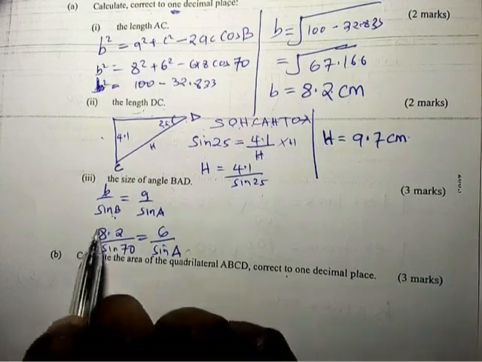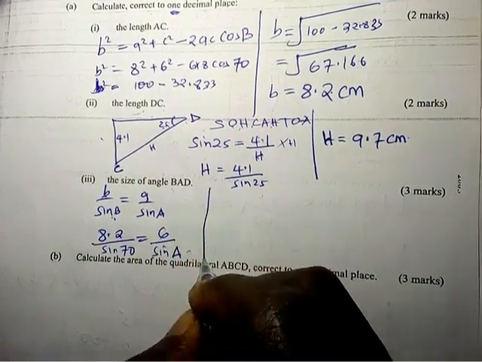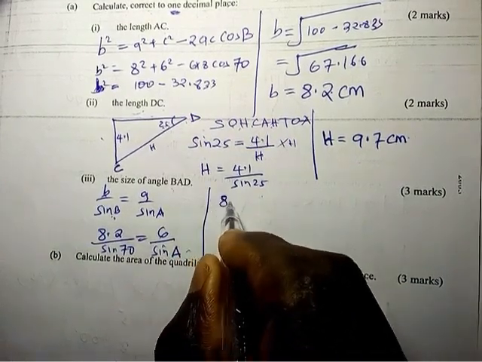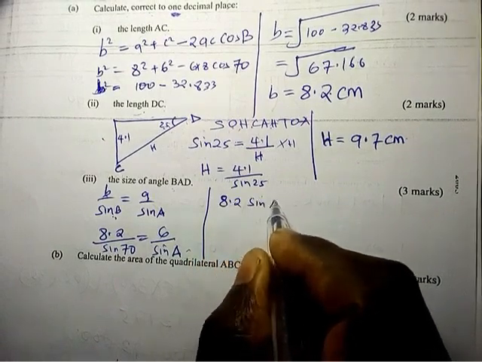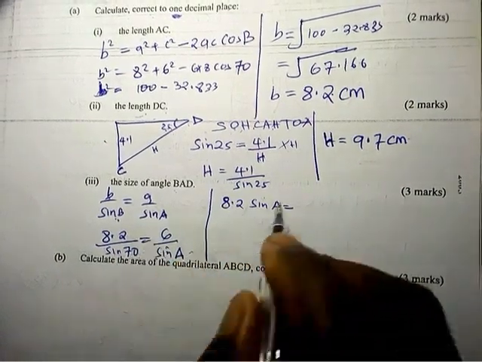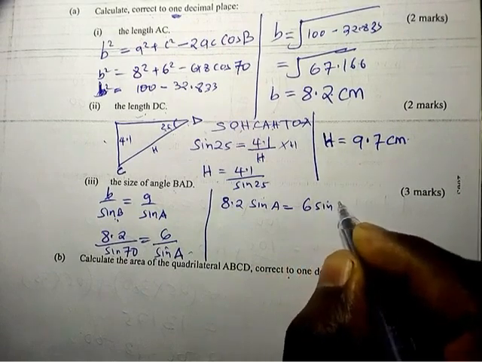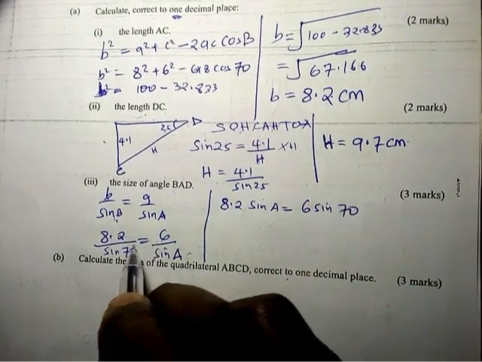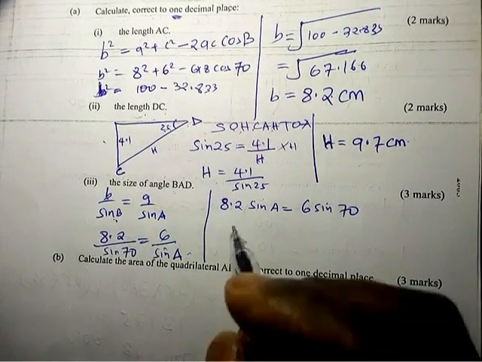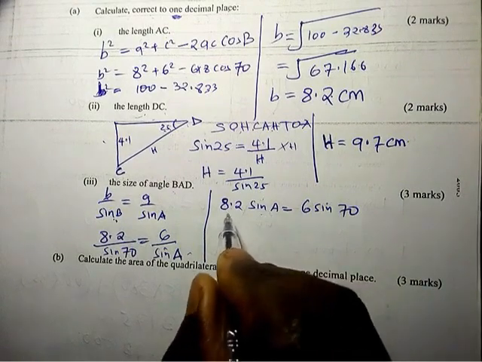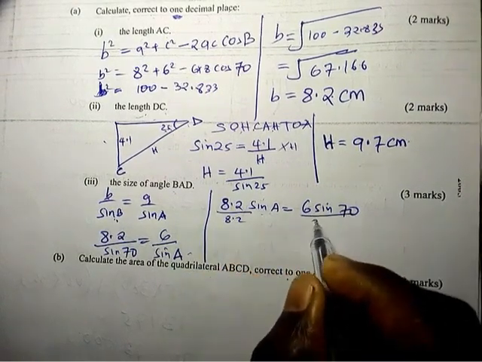You cross multiply. 8.2 sine A is equal to 6 sine 70. So sine A, we divide by 8.2 both sides.